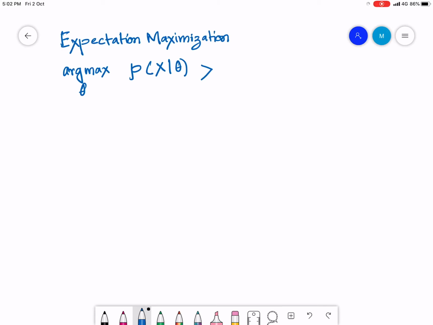So instead, using the Jensen inequality, we lower bounded it by some quantity which we call the variational lower bound, which is a function of q and theta. And we followed an alternating optimization.